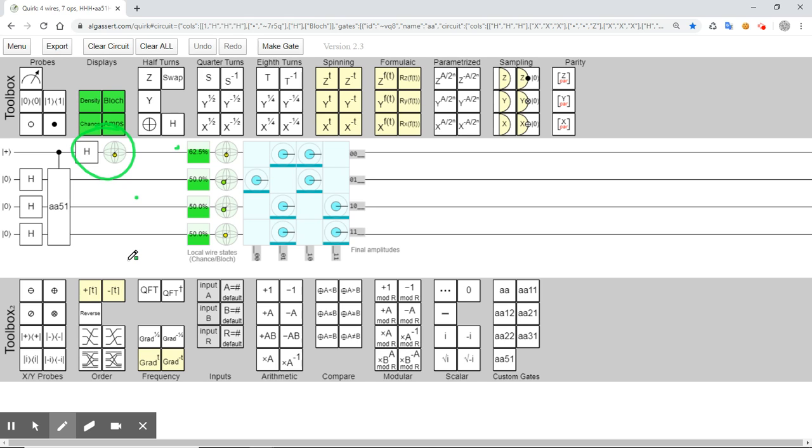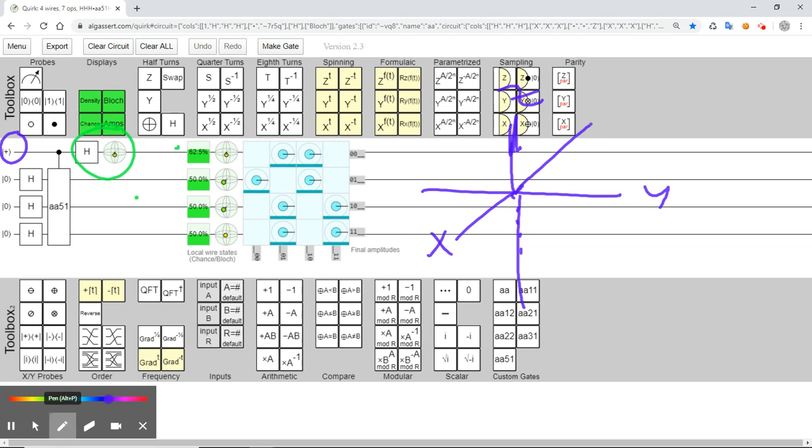This works, remember, because it's a Bloch sphere. If we have a plus state, so if I try to do a really primitive Bloch sphere, this is Z, this is X, and this is Y. Here we're basically here, and as we move along these, we will end up here.